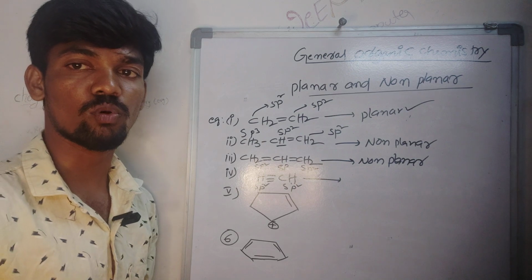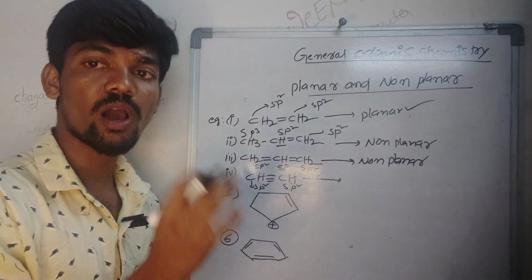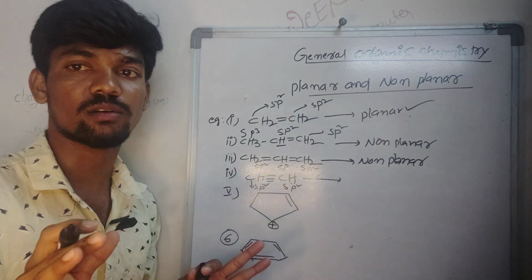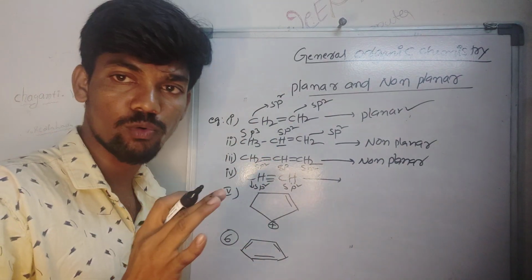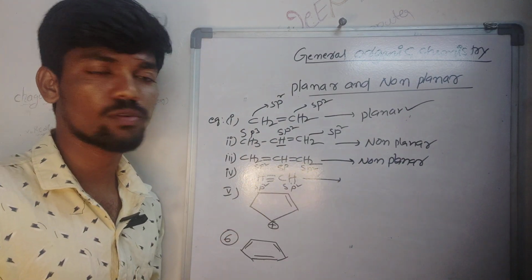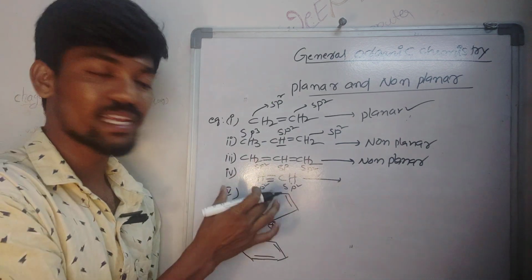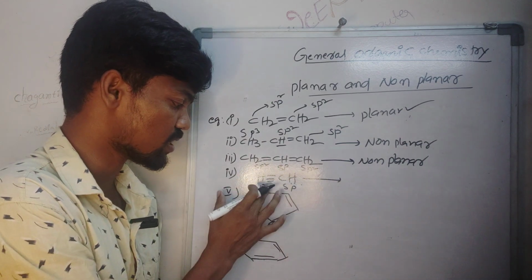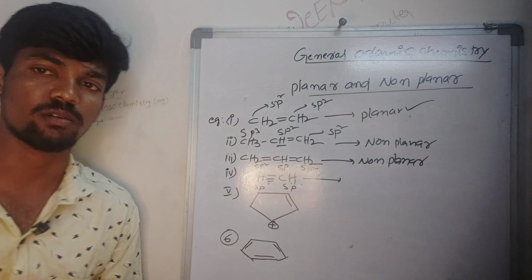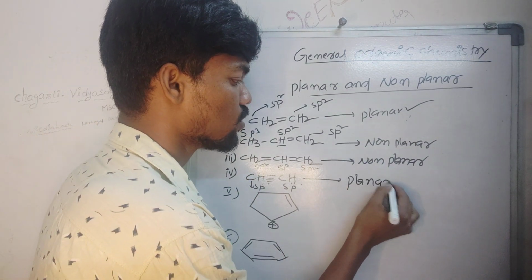But before looking at that rule, we have to check whether it is cumulene or not. First preference we have to go for that. By seeing the structure you can tell that. Okay, next one. Ethyne molecule: sp, not sp2 here, it undergoes sp hybridization. Only sp is there, so that's why it's a planar molecule.